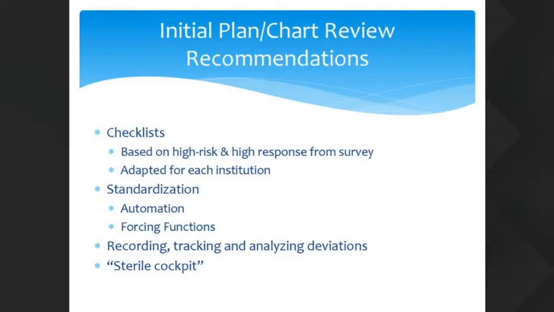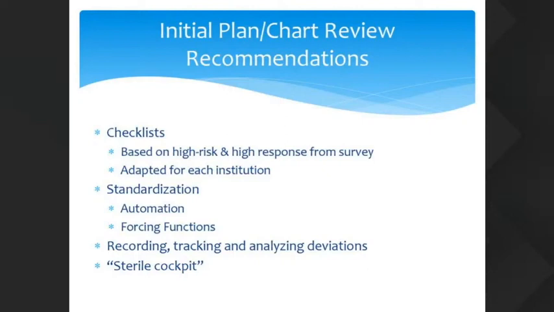And the last two, I think, are extremely important. We recommended recording anytime you find a deviation, tracking them, categorizing them, and analyzing the deviations so you can learn from your deviations and modify your process.